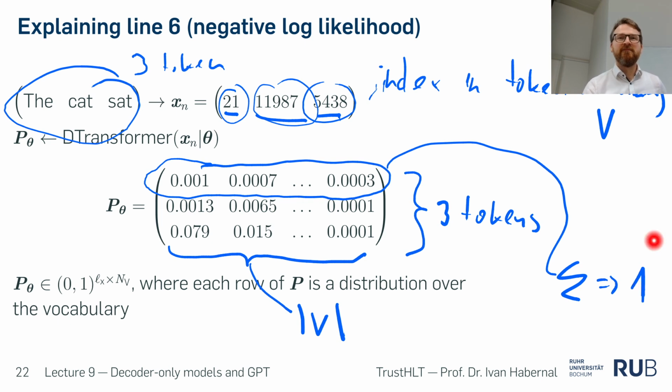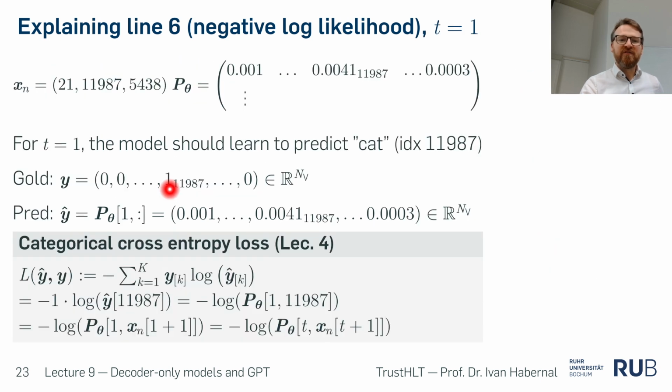Why? Exactly. Because we designed it in such a way that it has to be a probability distribution over the vocabulary, so it has to sum up to 1. Very well. Everybody's with me? Sanity check: if there's a matrix, we should understand what it means, what's inside, and how big it is. So we clarified that. That's great. So we have this matrix, and now let's say we are at position 1.